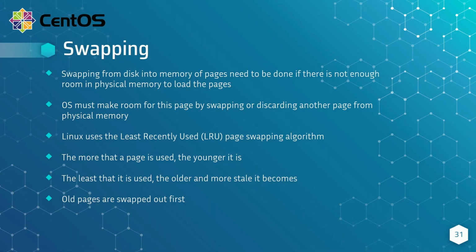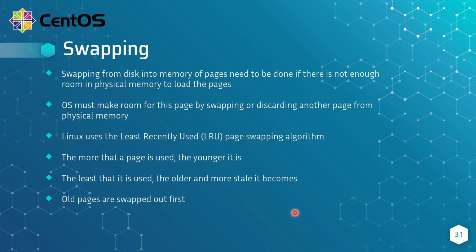And the last thing we'll talk about for memory management is swapping. Swapping pages from disk into memory needs to be done if there's not enough physical memory to load these pages. So the OS has to decide which page it swaps out or discards from physical memory. In Linux, it uses the least recently used, LRU, page swapping algorithm.